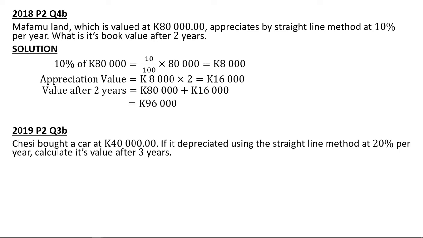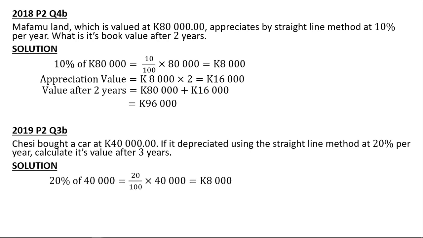So we are going to get 20% of 40,000 kwacha, which is the same as 20 over 100 times 40,000 kwacha, which gives us 8,000 kwacha. The depreciation value after 3 years was 24,000 kwacha.